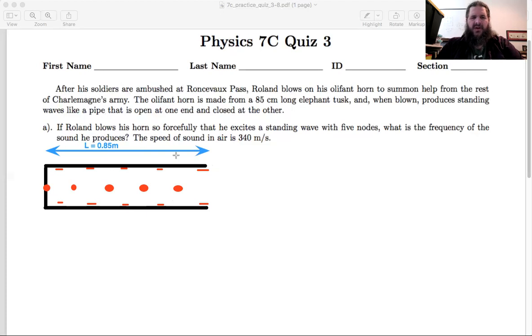It starts at a node and ends at an antinode because we have different types of endpoints, open at one end, closed on the other. And we can connect those to actually try sketching out what this wave looks like. Again, this is not necessarily to scale, but it should give us a good general idea of the shape of the wave.